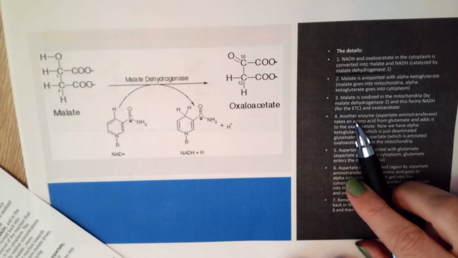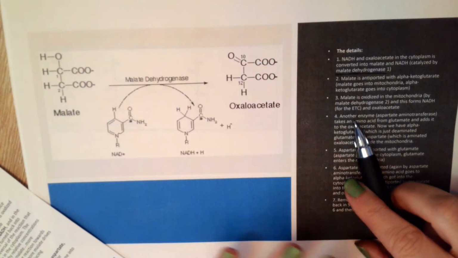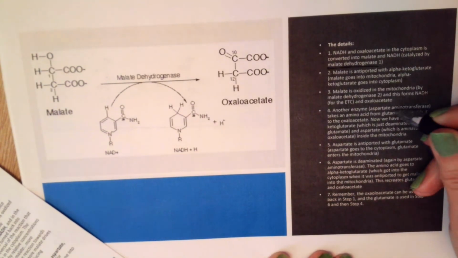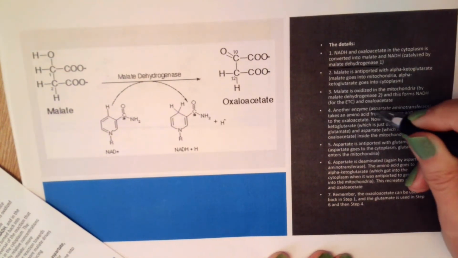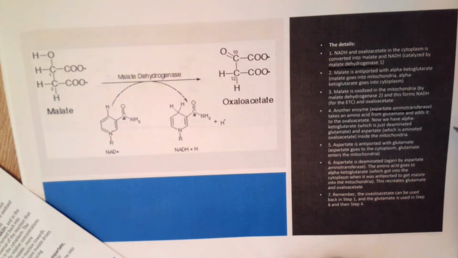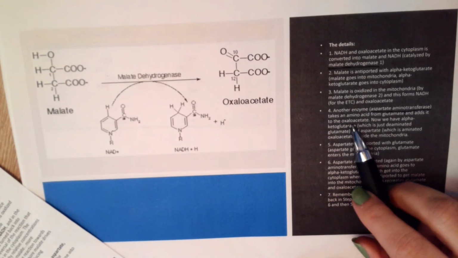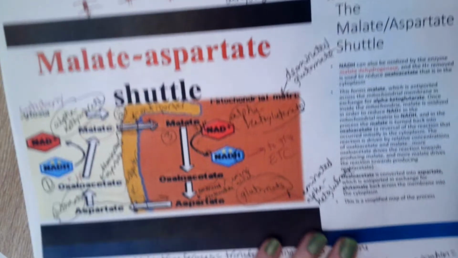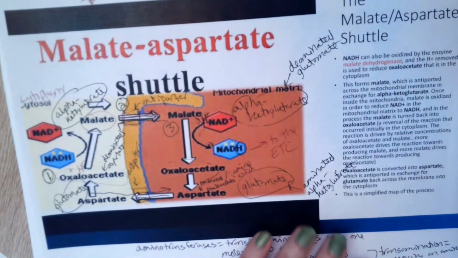Okay, so now we can go to step number 4. This is where those amino acids are going to become part of this system, where we are moving the amino acids around. So we're using an aminotransferase, specifically aspartate aminotransferase, and it's taking the amino acid away from glutamate and adding it to oxaloacetate. So what step number is that? Number 4.